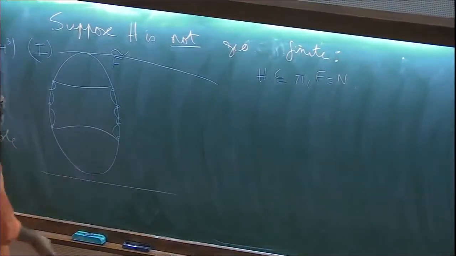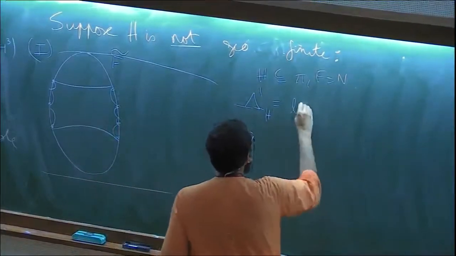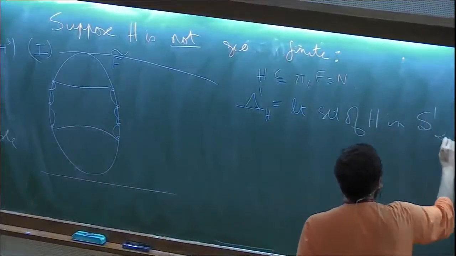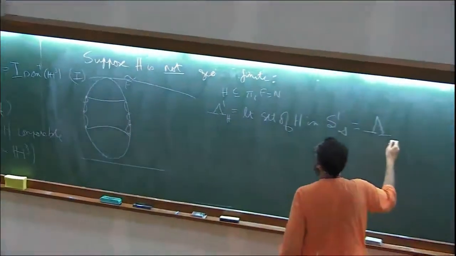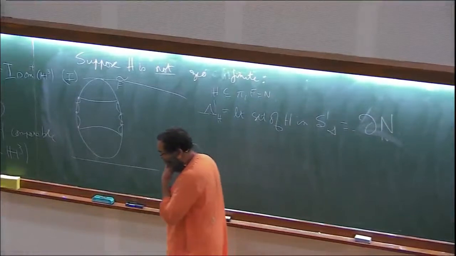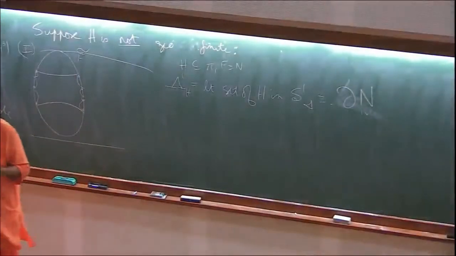So lambda H^1 is the limit set of H in the circle at infinity, which is the same as, let's call this, the boundary of N. There are two things that will be moving in between: one is stuff inside the boundary of the hyperbolic plane, and one is something in the boundary of the hyperbolic free space. I'll use superscripts 1 to indicate the context in which we are looking at the limit set.